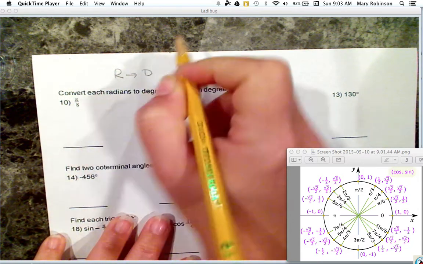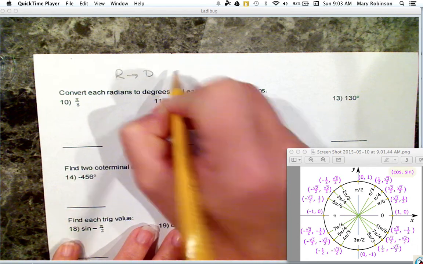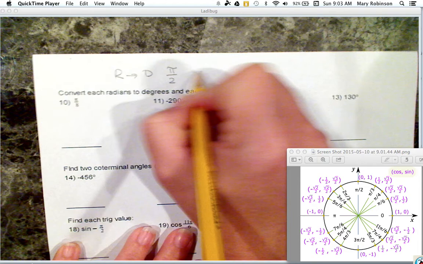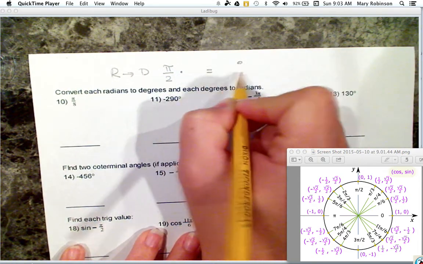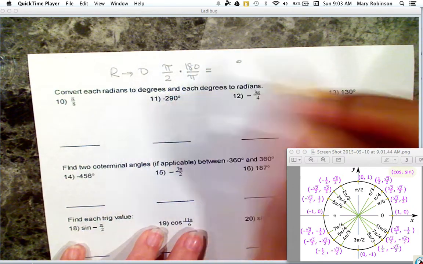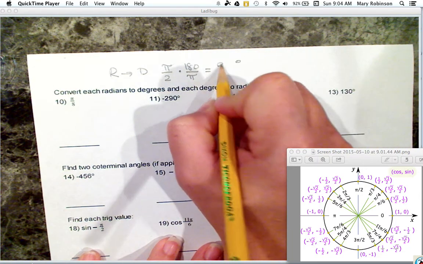to degrees, you take your radian measure, say it's pi over 2, and remember that when we get degrees, we don't want pi in it, so we'll have pi on the bottom and 180 on top. And then, of course, your radians would cancel out, and that would leave 90 degrees.